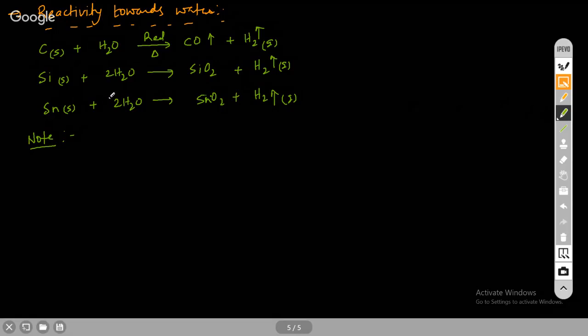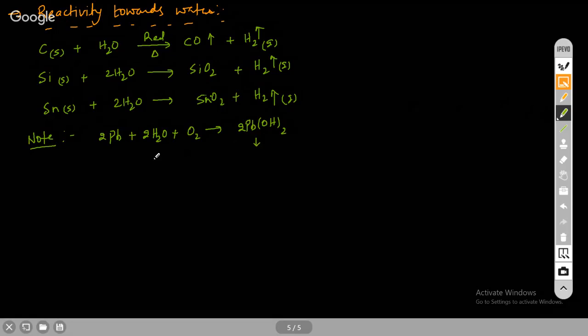This reaction you write down: 2Pb plus 2H2O plus O2 gives 2Pb(OH)2, soluble in water.